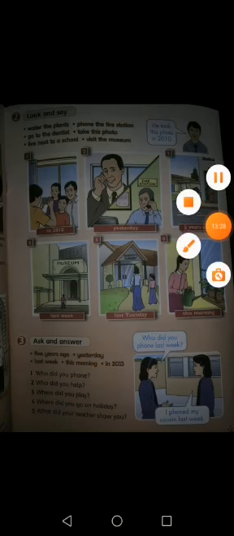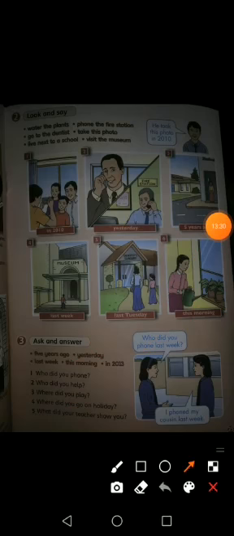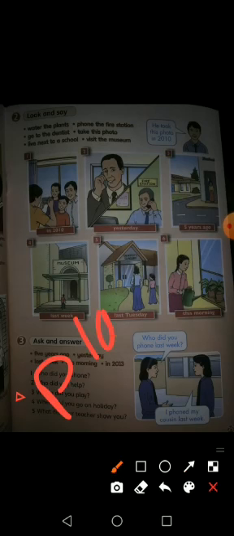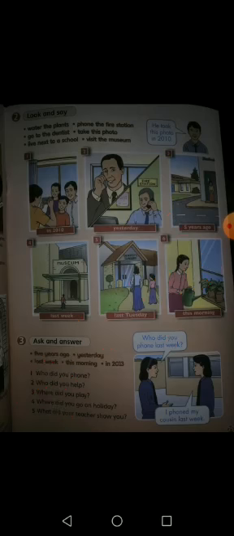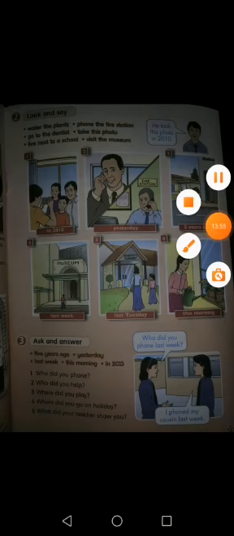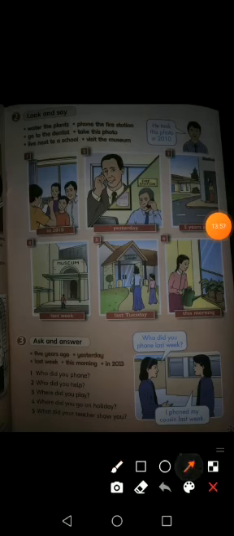Okay, and another example, where did you play? For example, I played in the garden this morning. Where did you go on holiday?